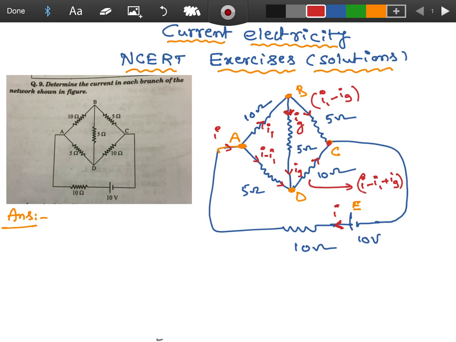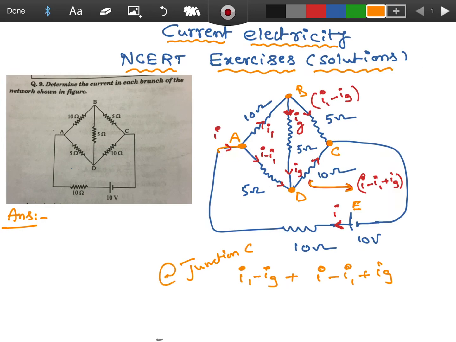Then coming to the junction C. At junction C, entering currents are I1 minus Ig, plus I minus I1 plus Ig also entering.